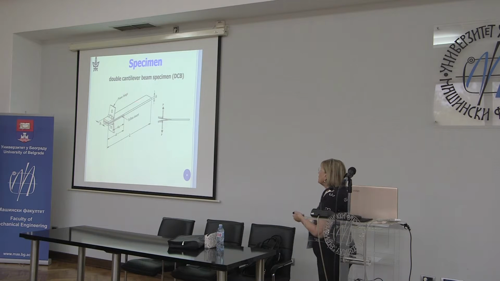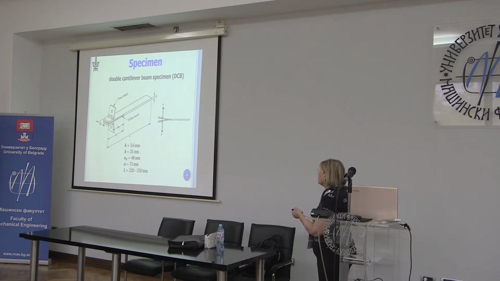So this is the length of the specimen, which is between 200 and 250 millimeters. We have what are called piano hinges where we apply the load, and we have all the different geometric parameters. The height here is about 3.6 millimeters, the width is 25 millimeters.